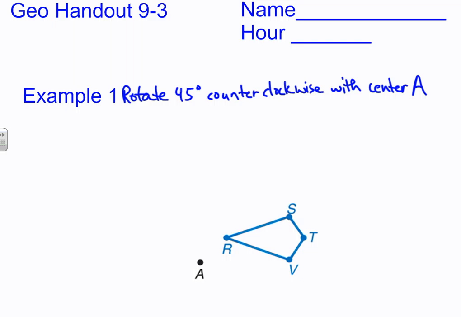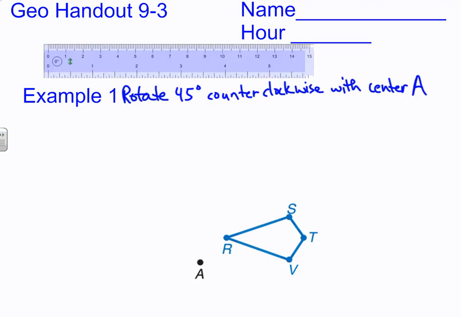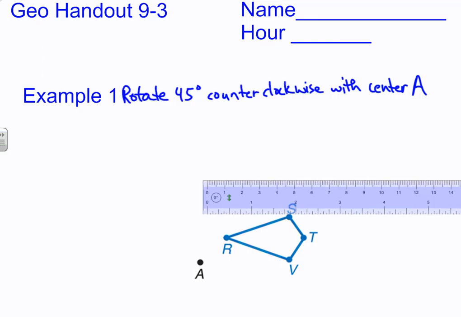Now, we're going to be constructing 45-degree angles, and the first ray for each angle is going to be ray AV, ray AT, ray AS, and ray AR. So we're going to draw all of those rays right away. You might want to use a straight edge and a dashed line as you go. I'll be using some color as I do this.